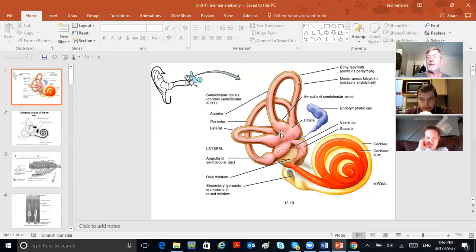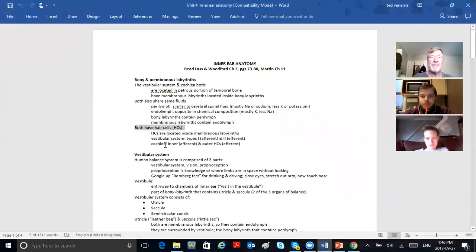So both share the same fluids, both have a bony labyrinth, both have a membranous labyrinth, they share the same endolymph. So this pink here shares endolymph with the cochlea. The brown perilymph is shared with the perilymph here. And both balance organs and cochlea contain hair cells.